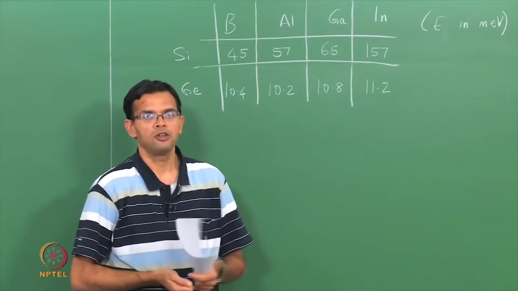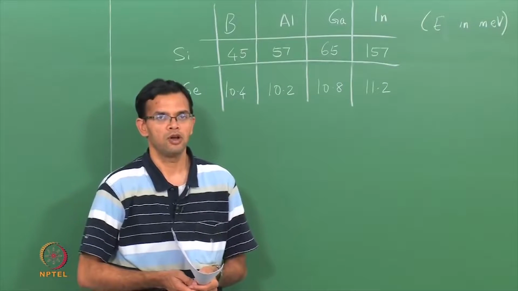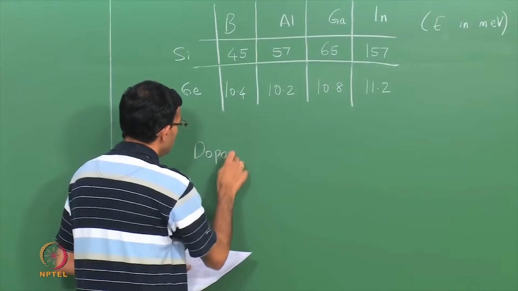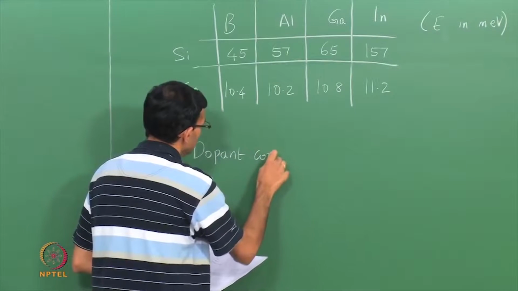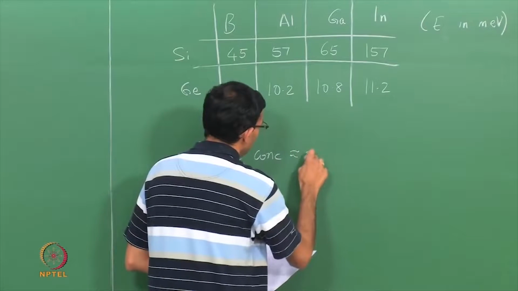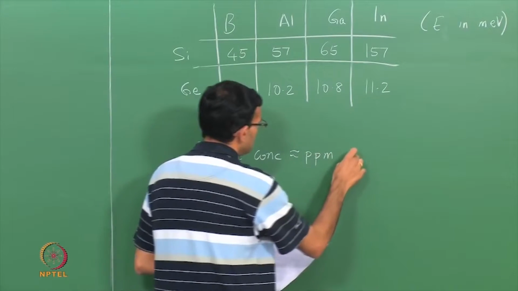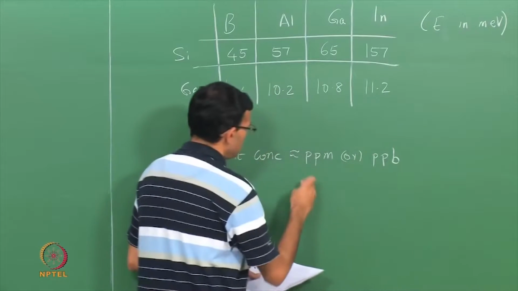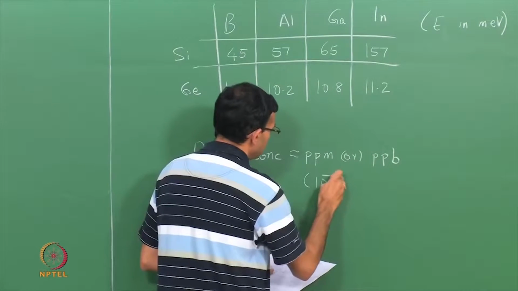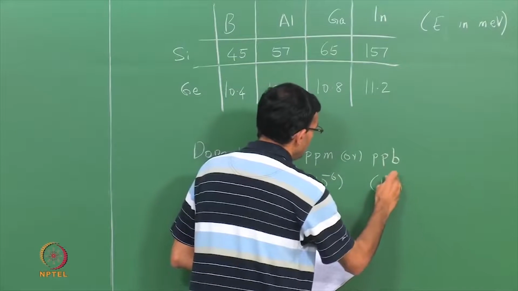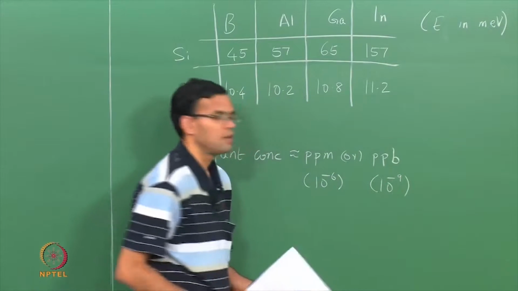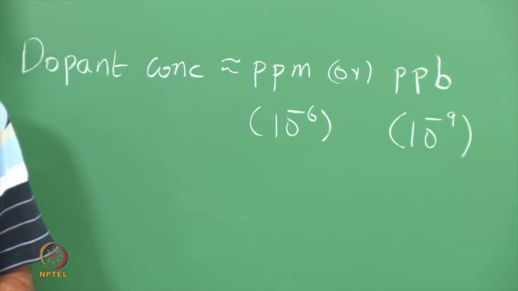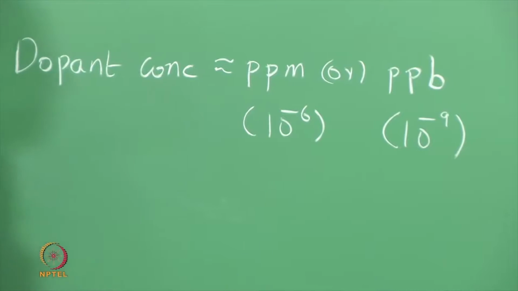Usually the dopant concentration is very small. We saw earlier in the case of silicon that your typical dopant concentration was around parts per million or parts per billion. So, parts per million is 10 to the minus 6, parts per billion was 10 to the minus 9, and even this small amount was enough to increase the conductivity by orders of magnitude.